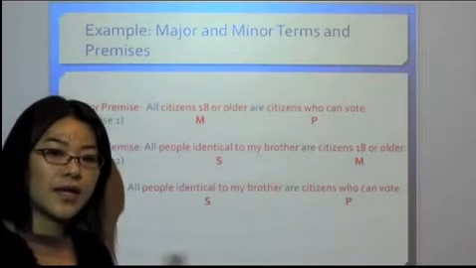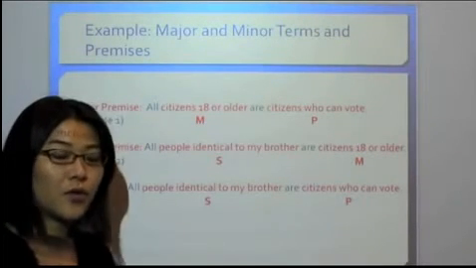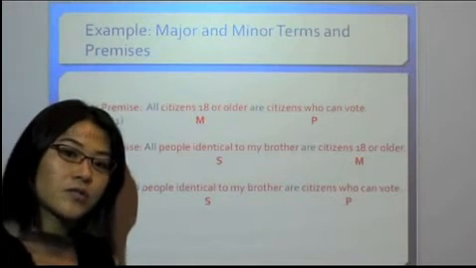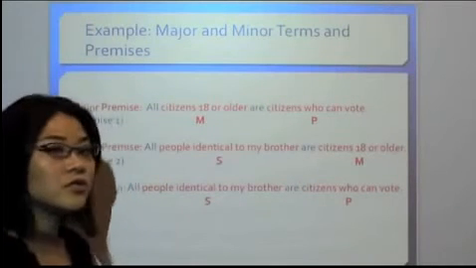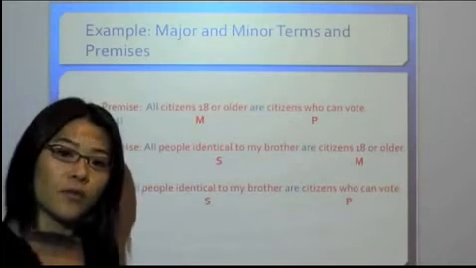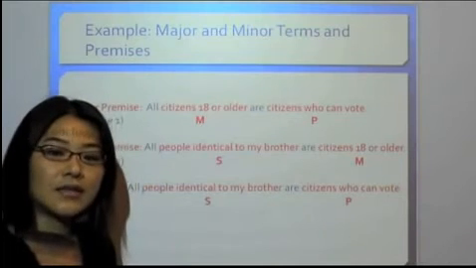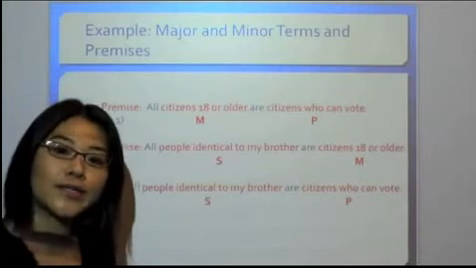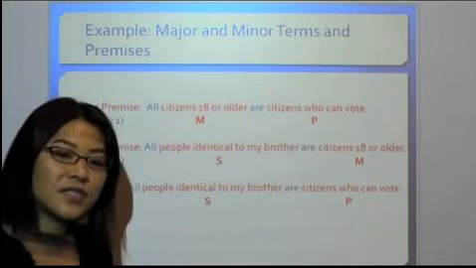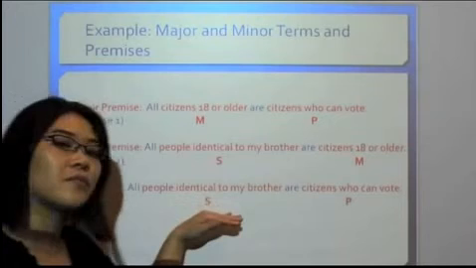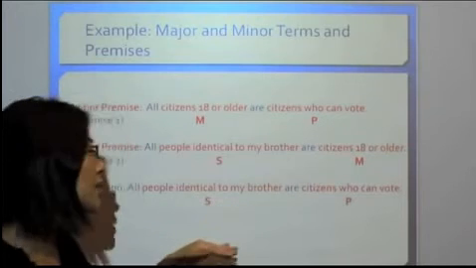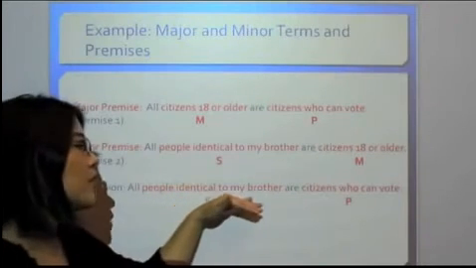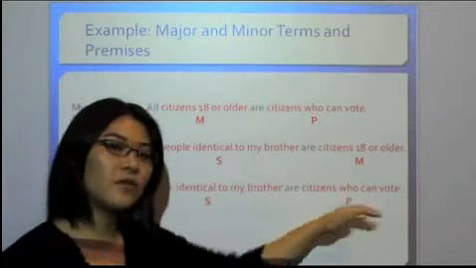Now once we put a categorical syllogism into standard form, so we have a standard form categorical syllogism, what we can also do is identify the form of that argument, which is basically the structure of that argument without the content, okay? And the content specifically refers to the specific information that's contained in the argument, like people identical to my brother, citizens who can vote, okay?